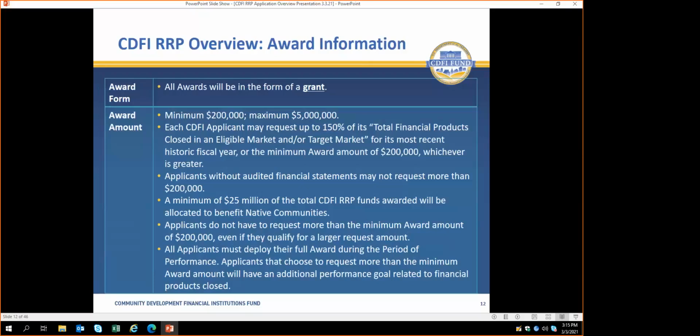That doesn't mean you actually have to expend the award closing financial products. You can use other capital on your balance sheet to satisfy that PG&M.